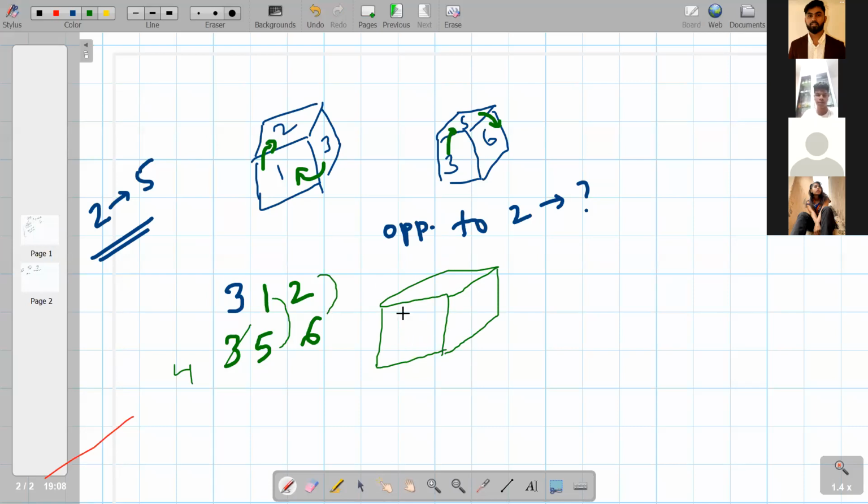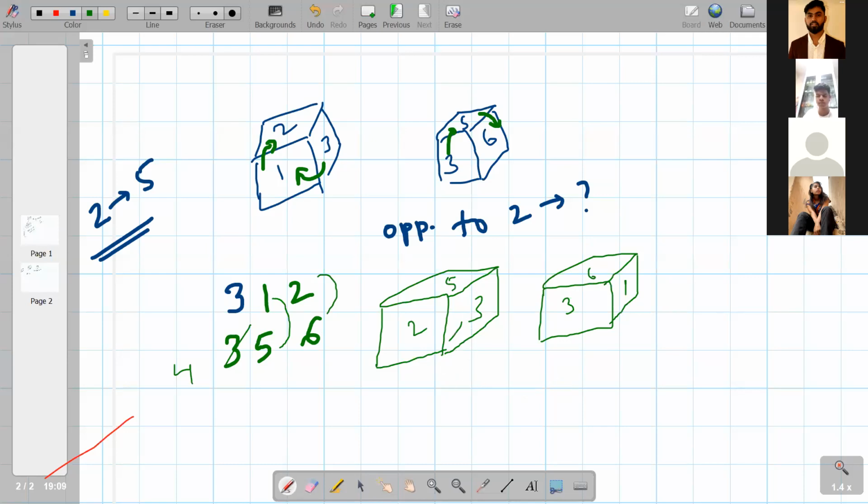Similarly, let's say these are two dice. The plural of dice is die, so if your question says die, don't get confused. Let's say 2, 3, and 5, and 3, 6, and 1. In this case, 3 is the common face out here.